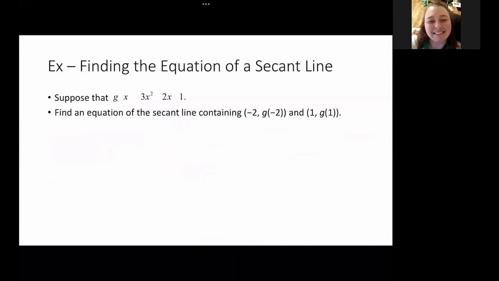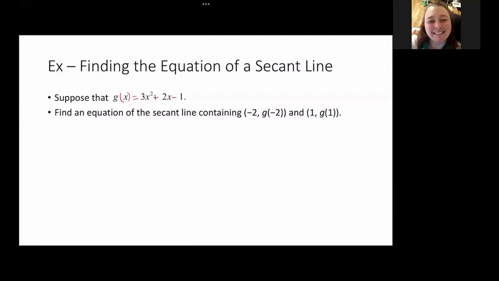So now we're going to say, suppose that g of x equals 3x squared plus 2x minus 1. Find the equation of the secant line containing negative 2, g of negative 2 and 1, g of 1. Now, this is different. So we just found the average rate of change between those 2 points.